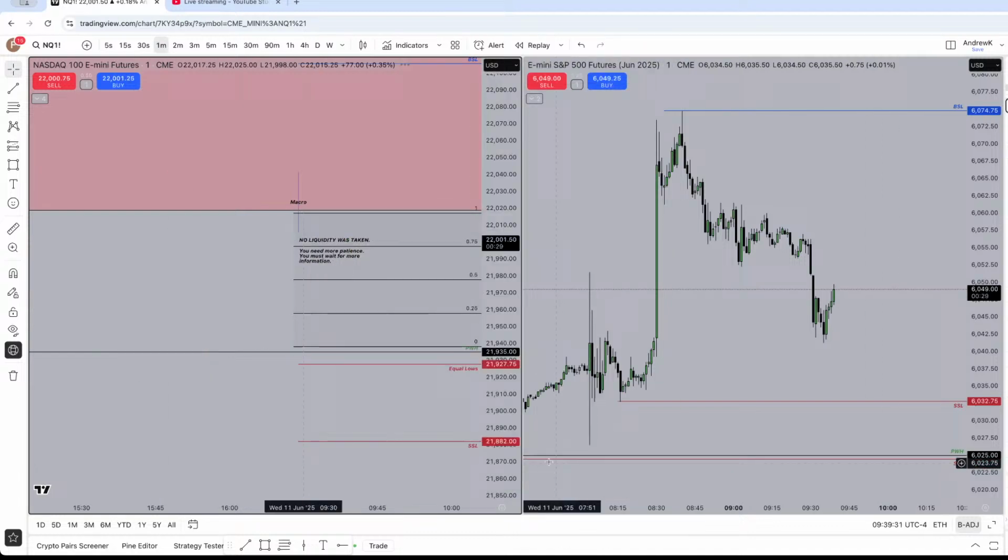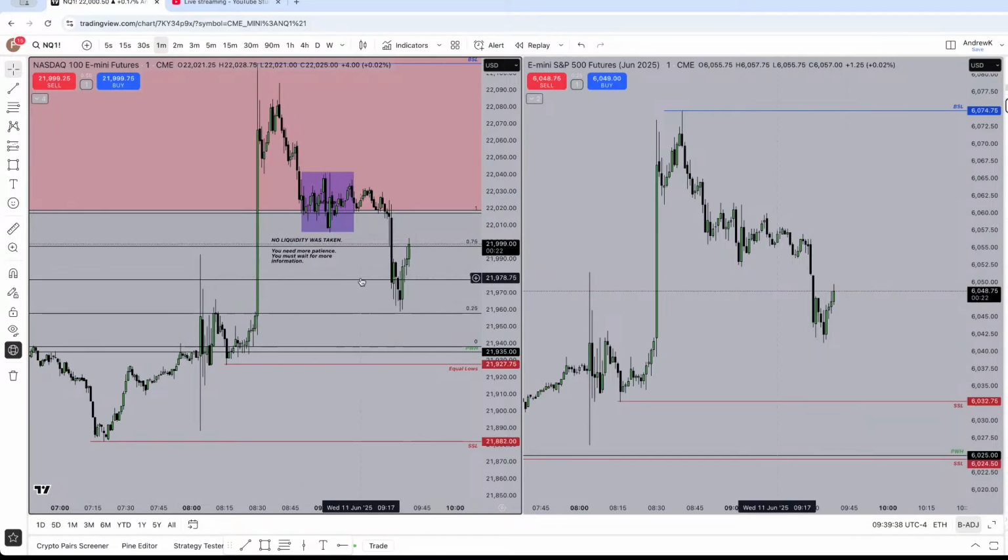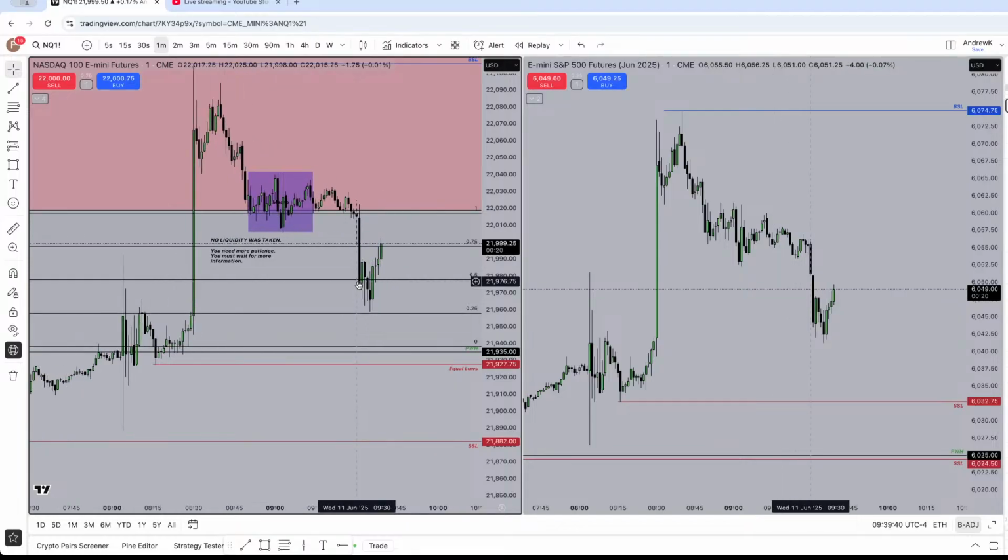There's a lot of moving parts, don't get me wrong, but look at that. Your model can simply be based off of that opening range gap. Look at the opening range gap here, come back and touch the high of it, trade lower right at 9:30.